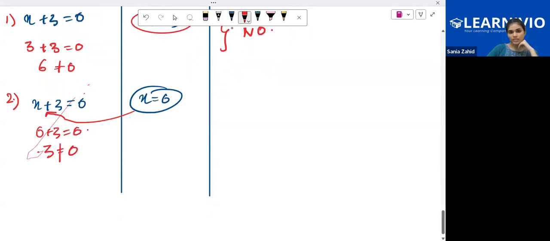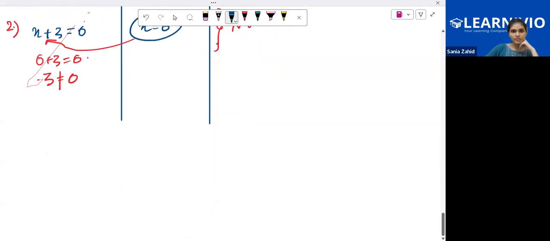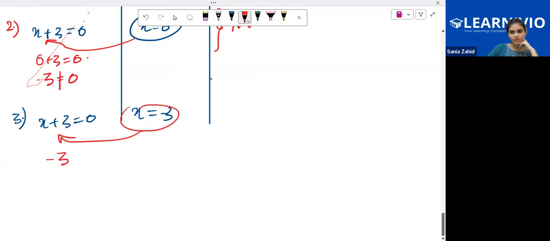So it is again not satisfied, so you'll write no. Now the third one: x plus 3 is 0 and x is minus 3. Substitute the value. Yes, because minus 3 plus 3, additive inverse, gives 0. So yes.